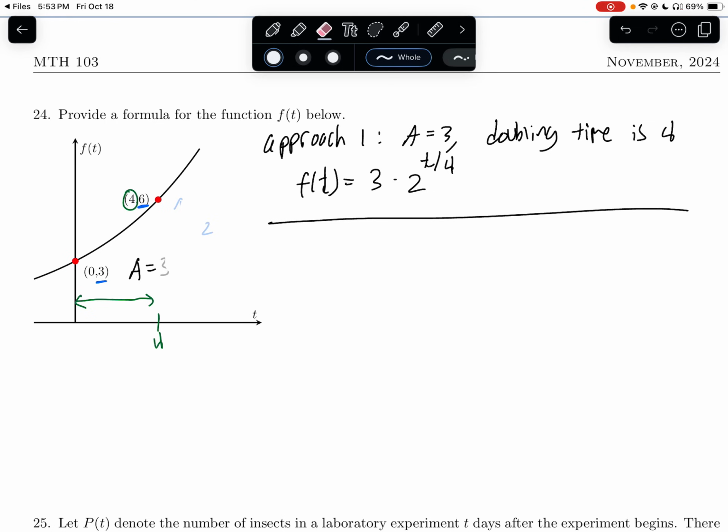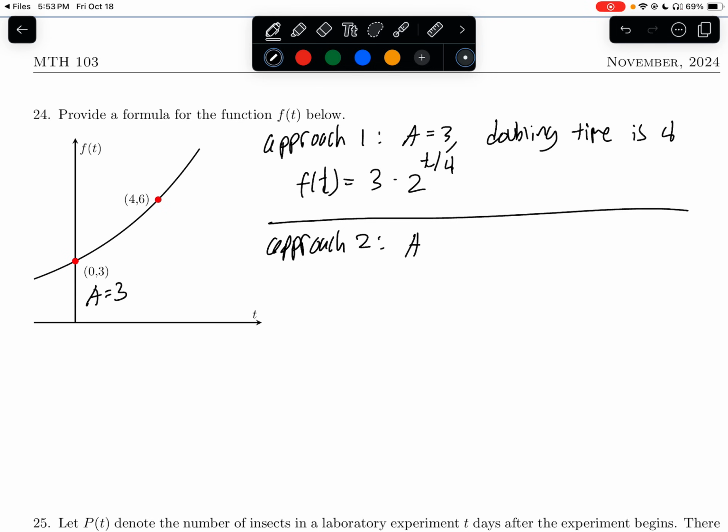It's a little bit easier if you had spotted it, but if you didn't, it's okay. You don't have to do it that way. You could have said, well, I know the initial value is 3, and I know that the other point 4 comma 6 is on the function, so that has to be satisfied.